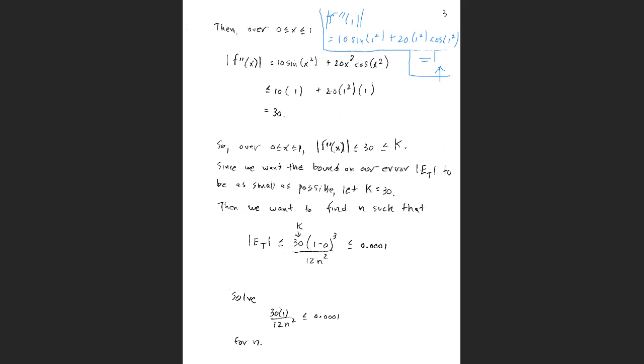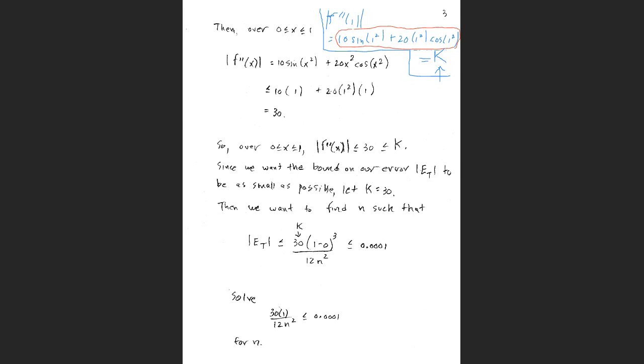K. So strictly speaking, and I appreciate all responses, you're learning. Everybody's learning here. Strictly speaking, K is equal to this value, because the absolute value of the second derivative is increasing from 0 to 1.